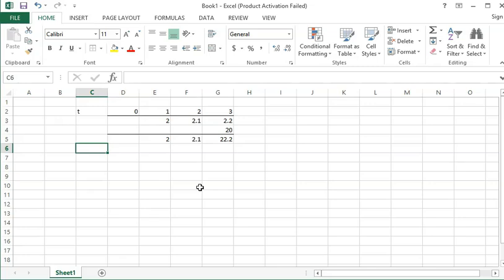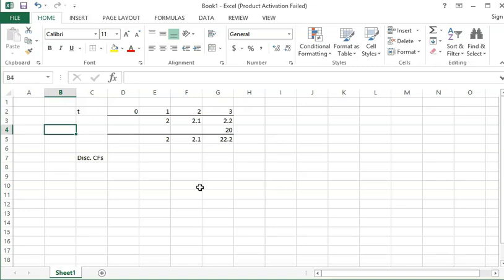Now I have to find out the value. Where do I find value? I have to find out the value at time 0. For calculating the value at time 0, I need to discount all these back to the present. That means I need to calculate discounted cash flows. How do we calculate discounted cash flows?